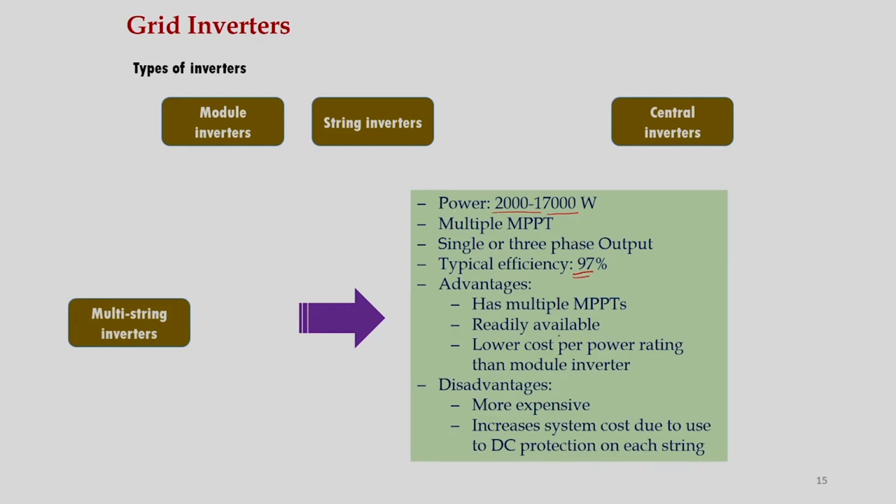Advantages include that it has multiple MPPTs, so it is more precise, it is readily available, and most importantly it has lower cost per power rating than the module inverter. Disadvantages are that it is more expensive and increases system cost due to the use of DC protection on each string.